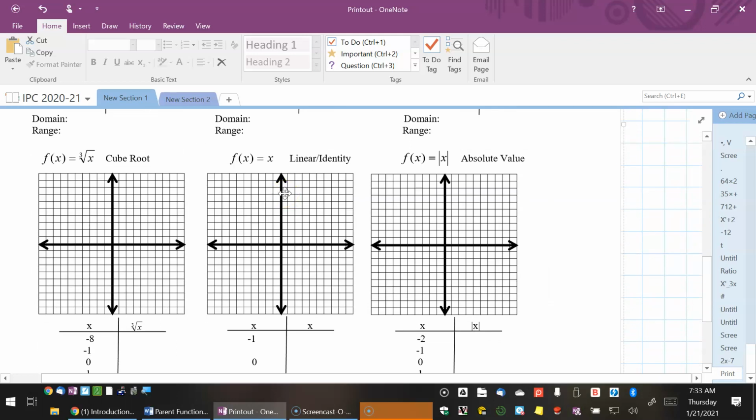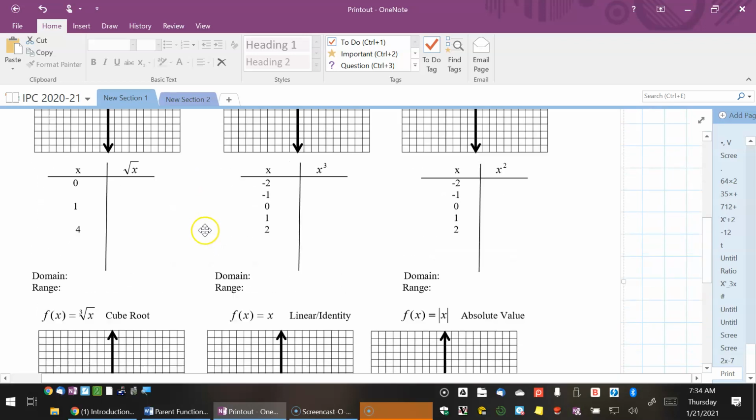Okay, now we could go higher, x to the 4th, x to the 5th, and so on. As it turns out, you really don't see a lot of new behavior. X to the 4th acts really similar to x squared, x to the 5th acts really similar to x cubed. So we're not going to go any higher than x cubed. Also, we've got to stop somewhere.